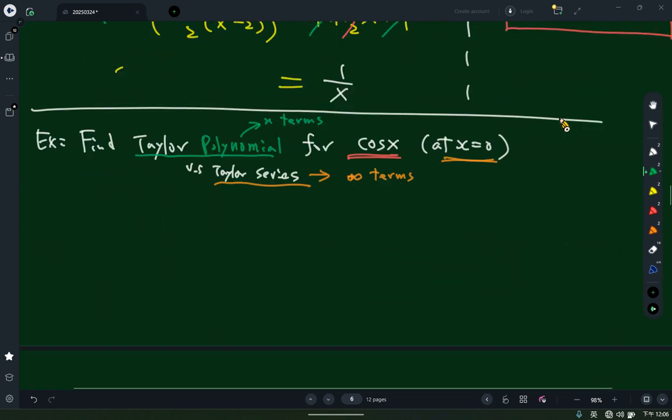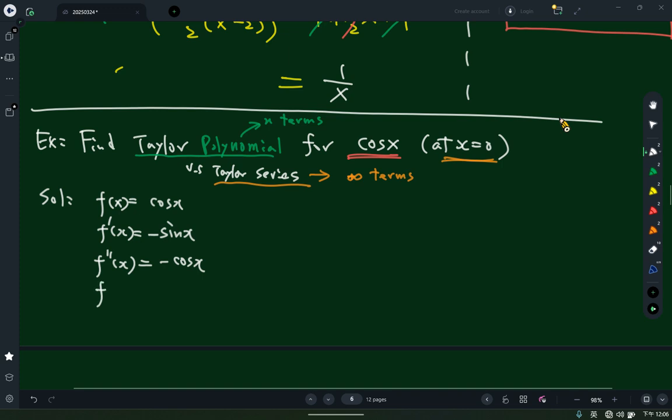So if I want to ask you to do that, then you can start to calculate. The function is cosine x. The first derivative is negative sine x. The second derivative is negative cosine x.